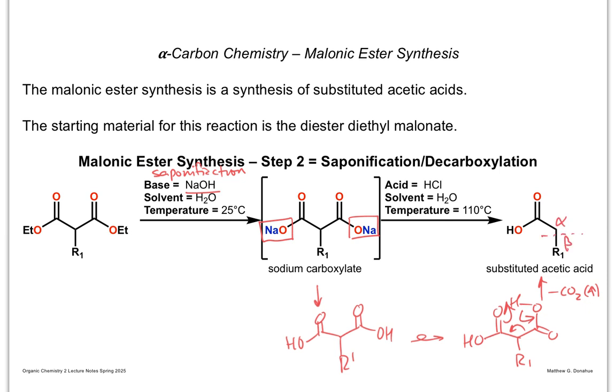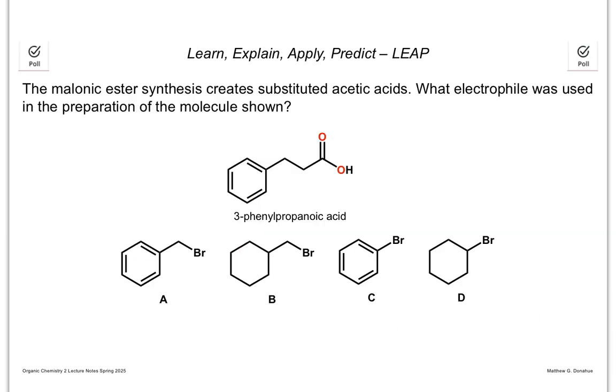So that's the pattern you're looking for when you're trying to figure out what the electrophile is, because you're always going to start with this diethyl malonate for the enolate part. So the malonic ester synthesis creates substituted acetic acids.